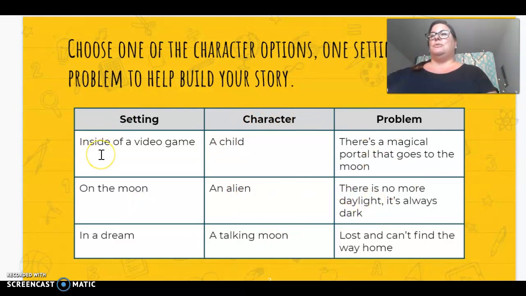So you might choose to write a story that's set inside of a video game, or on the moon, or in a dream. You might write about a character that's a child, maybe even you, maybe an alien, or the talking moon. And then what is your problem going to be?